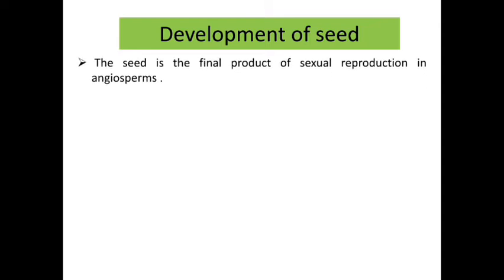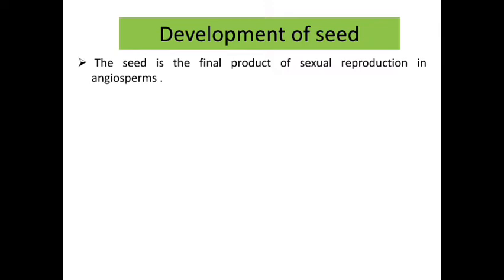So my dear student, we know that seed is the end product of sexual reproduction in flowering plants. The seed is the final product of sexual reproduction in angiosperms.